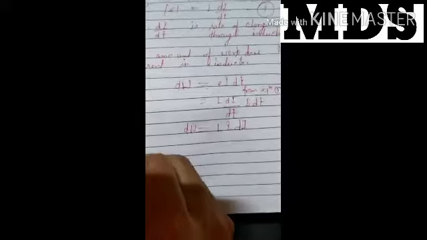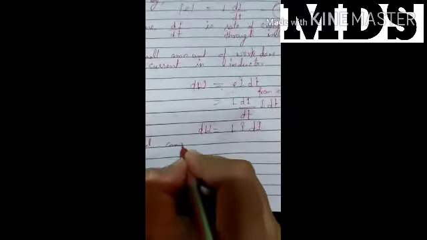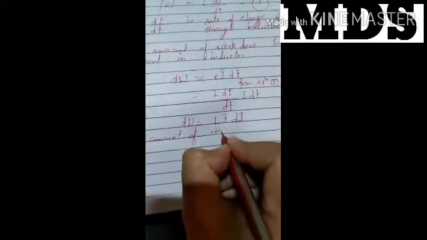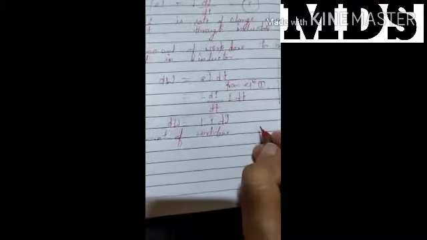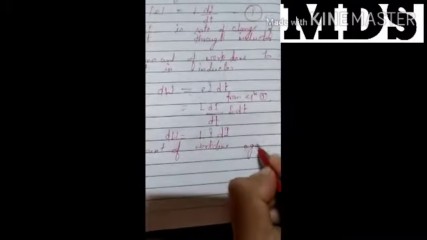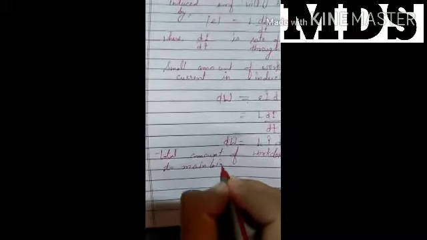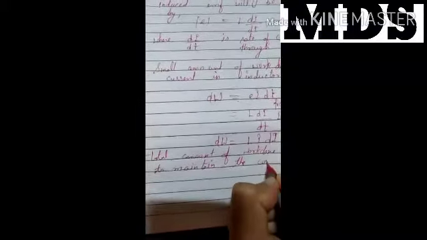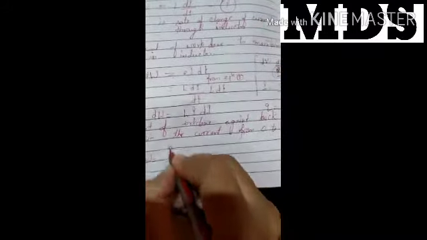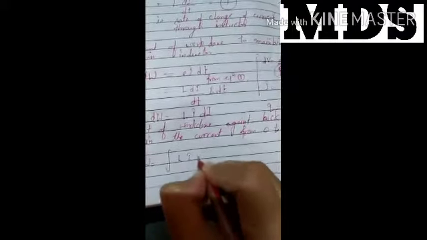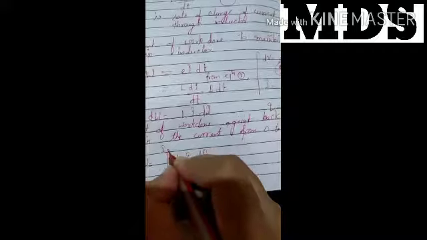Then we find the total amount of work done against the back EMF, that is the induced EMF, to maintain the current, by integrating from 0 to I. Work done is the integration of L I dI from 0 to I naught.